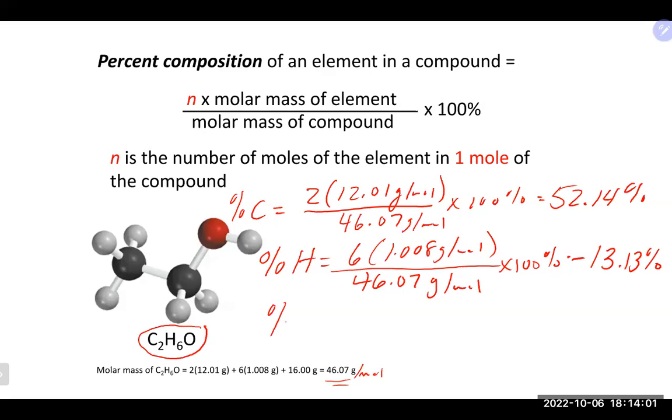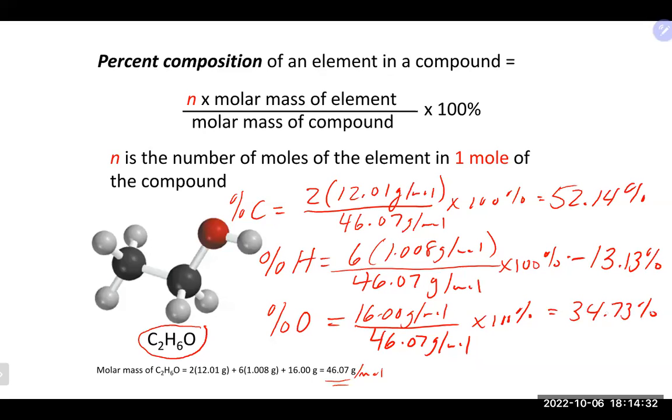And we could finally do it for oxygen, which would be 16 grams per mole since there's just one oxygen, divided by our 46.07, times 100%. And in this case, we would end up with about 34.73%. Now, obviously, at this point, we maybe didn't need to do the oxygen.